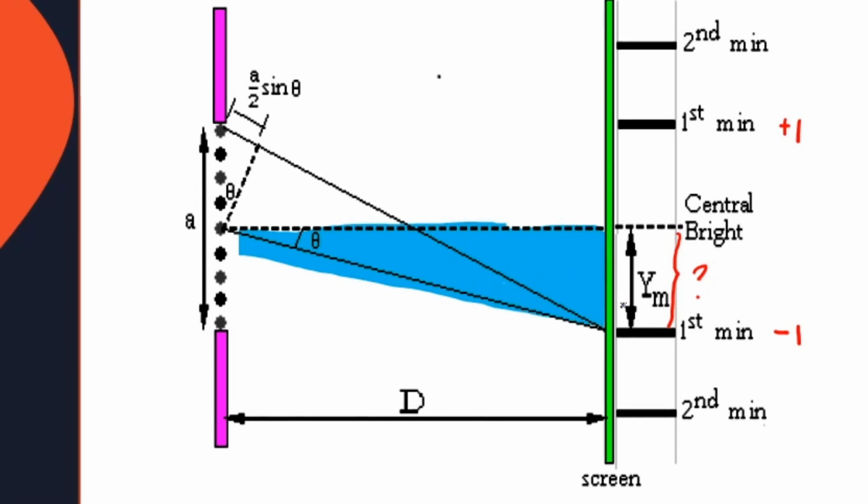So now we are focusing on Y_m. We want to calculate the distance between the central bright and the first dark, so it's Y_m. Let's write tangent theta.